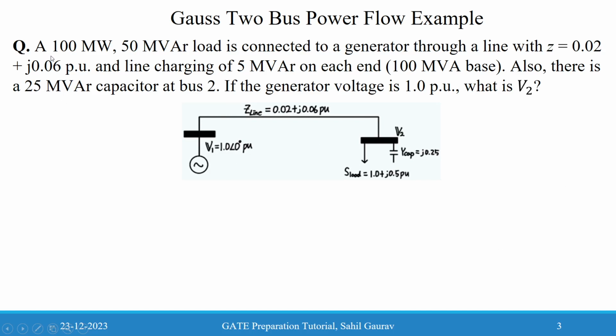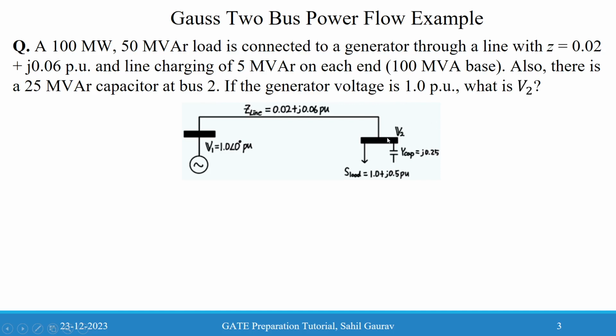Here we are given a 100 megawatt, 50 MVAr load connected to a generator through a line with Z equal to 0.02 plus j0.06 per unit, and a line charging of 5 MVAr on each end is given. Also there is a 25 MVAr capacitor at bus 2. If the generator voltage is 1.0 per unit, what is the voltage V2?